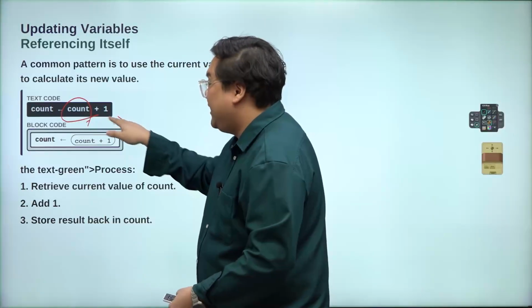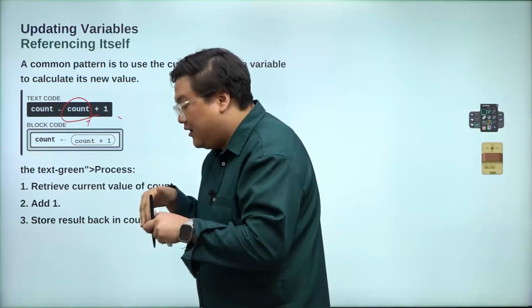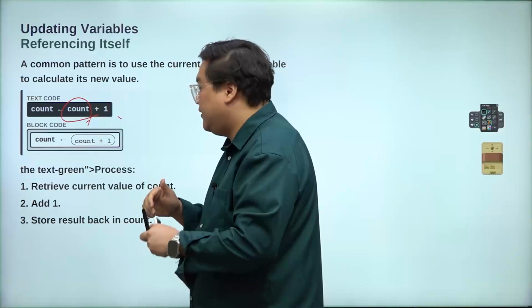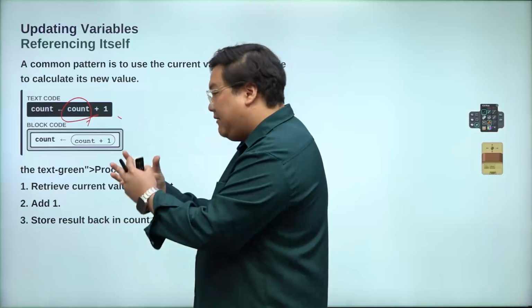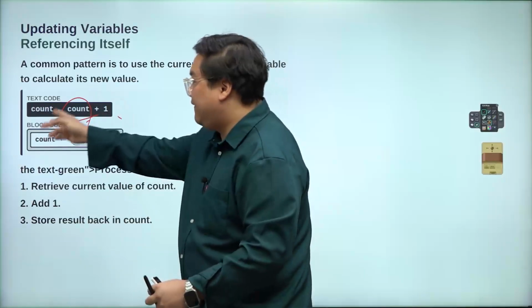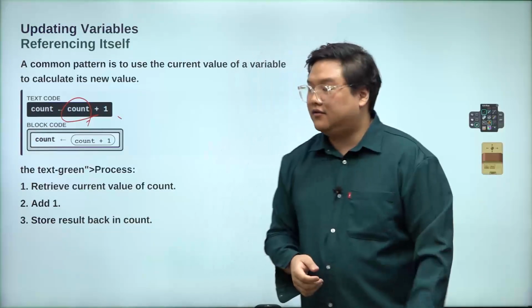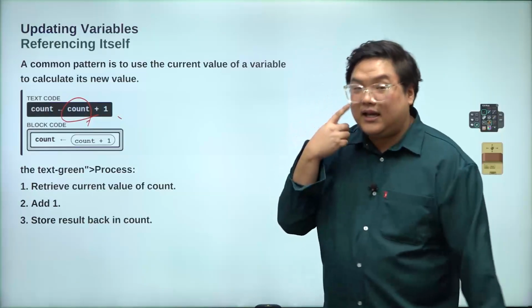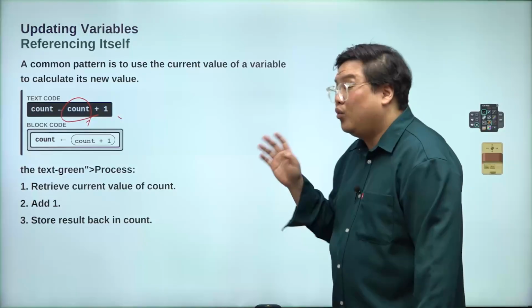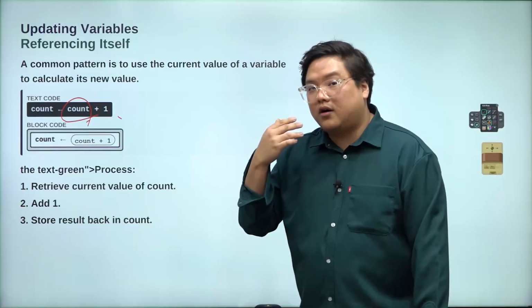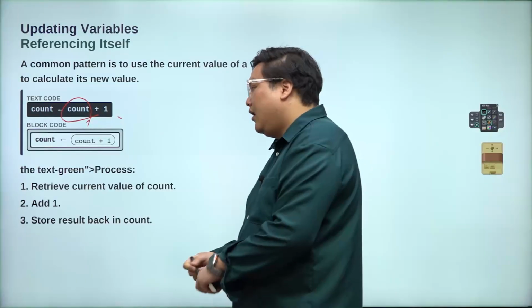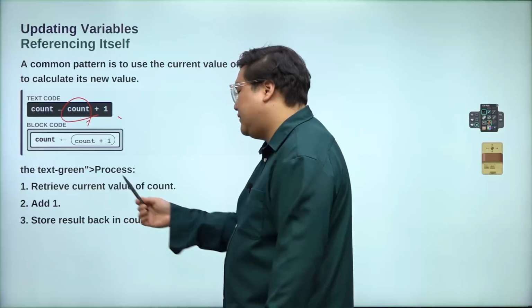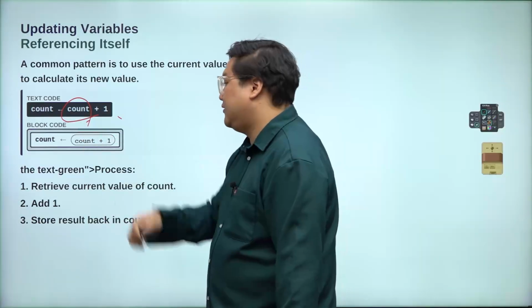Here on the right, we use the initial value saved in count, we increment it by 1, and then with the result, we save that to the count variable. So although this looks basic, we need to think about the order of the operations being done here. Retrieve the value of count, add 1, store the result back to count.